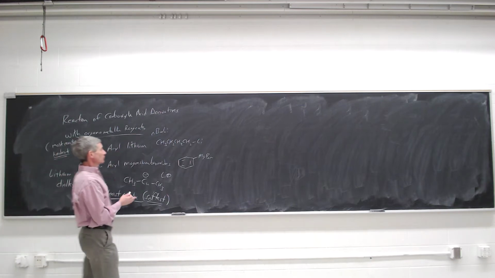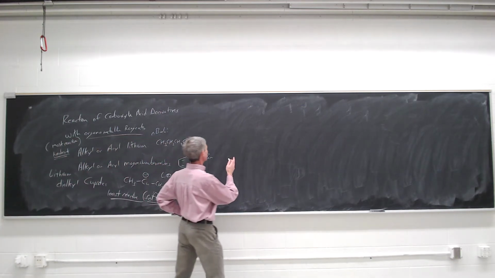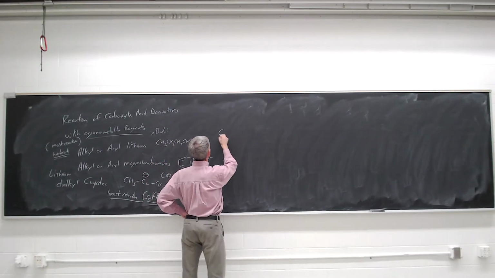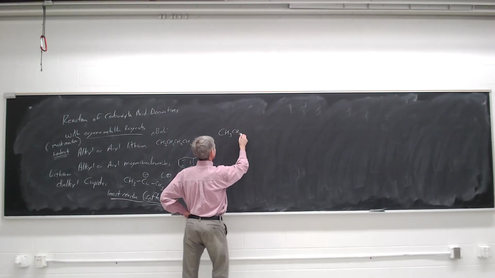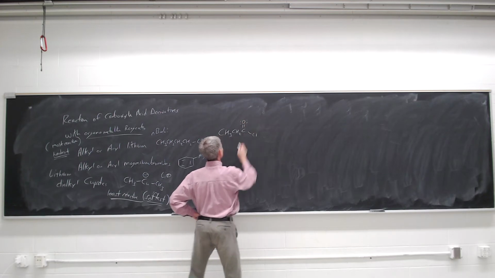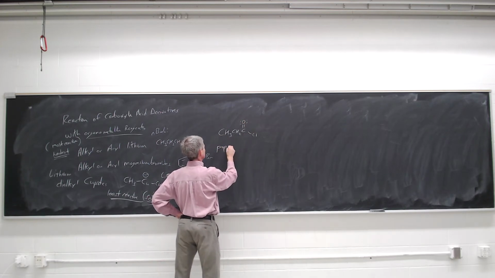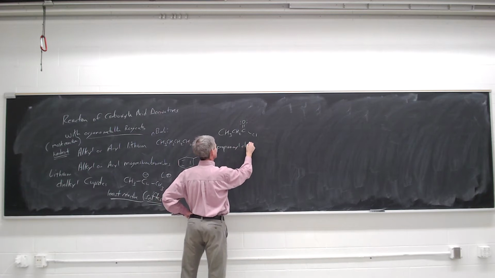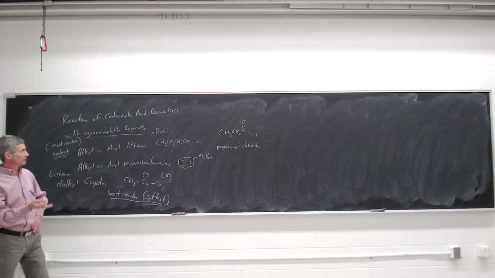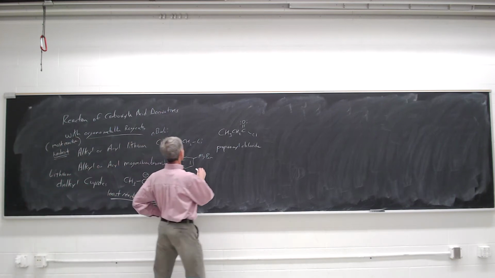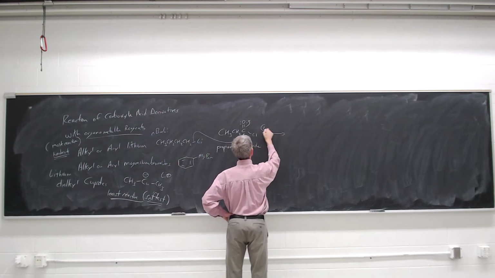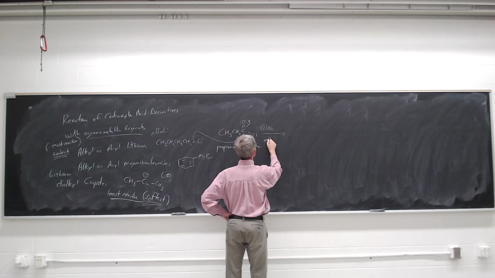So what happens when we react these various reagents with a carboxylic acid derivative, like an acid chloride, propanoyl chloride, for example? One would expect that the alkyl lithium or alkyl magnesium bromide would be readily attacked, form a new CC bond.